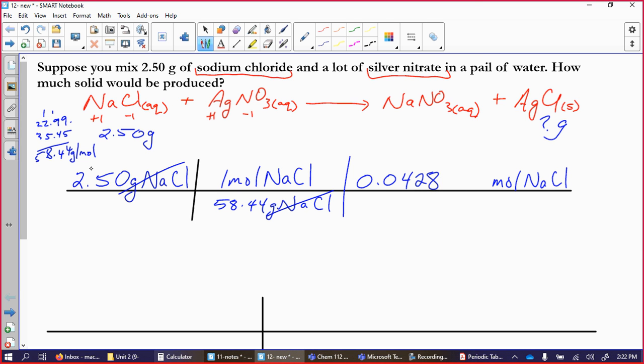So that's fine, but that's not what the question asks. The question says, how much of this is produced? Well, if I have one molecule of this and one molecule of that, and I mix them together, I get one molecule of this and one molecule of that. If I have 100 of these and 100 of those, I get 100 of these and 100 of those. Keep scaling. If I have Avogadro's number of these and Avogadro's number of those, we would do that.